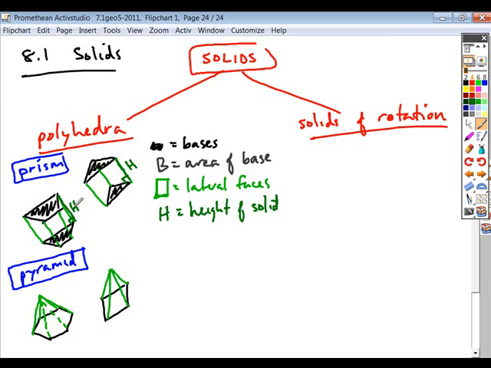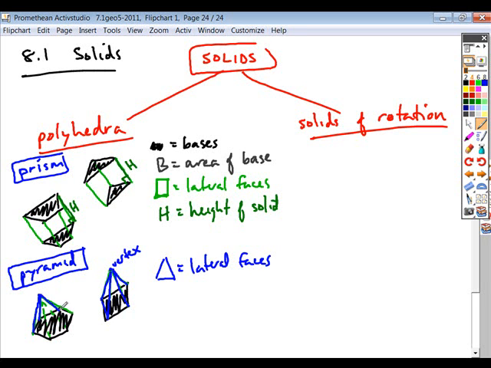In a pyramid, what you need to be familiar with is, once again, your bases are the polygons that intersect at a common vertex. So the vertex is the name of that common point. In this particular case, your lateral faces are triangles. So all of these lateral faces here are your triangles.